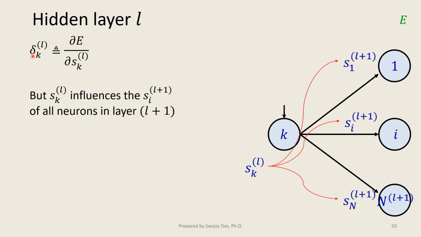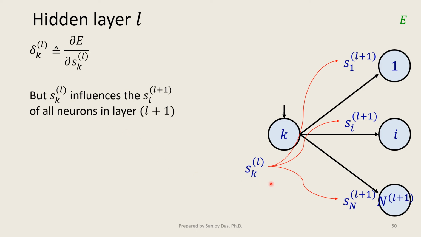Now, how does this s_k, the net of this neuron, affect the loss E? The loss E is further downstream because this is some arbitrary layer L plus 1, which could be the output layer, and E is defined in terms of the output of the output layer. So E is further downstream. So how does E get affected by this net input s_k in layer L?